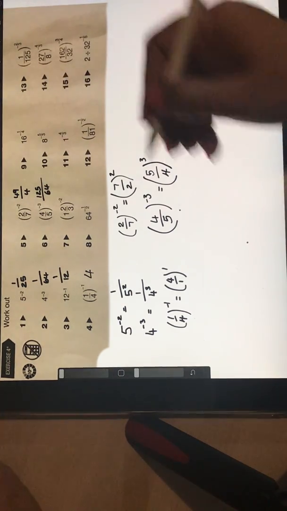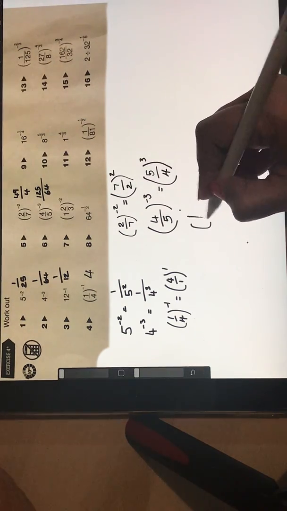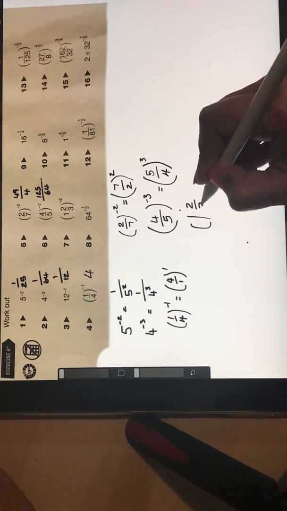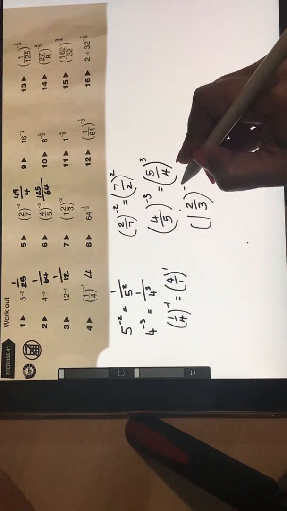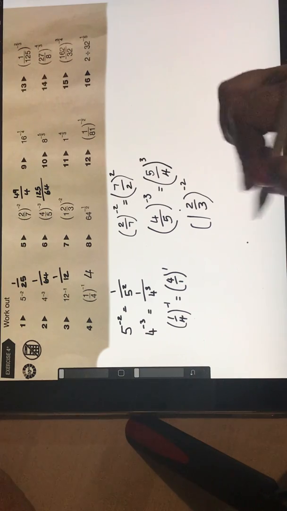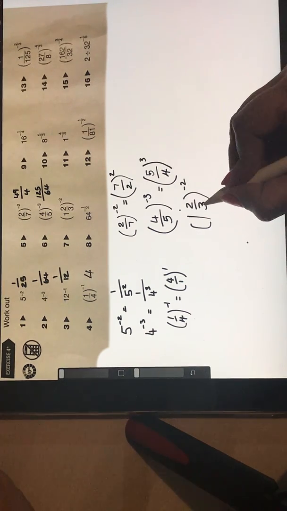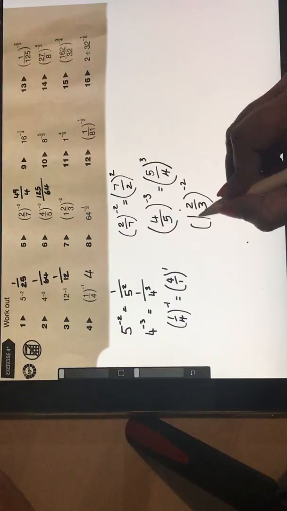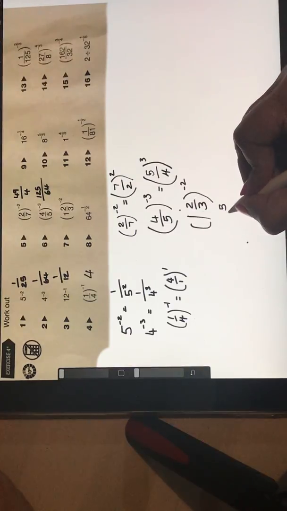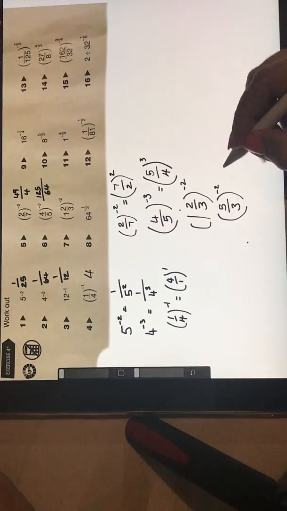Right, for number 7, we've got a mixed number. We've got 1 and 2/3 raised to the power of negative 2. Now first sort out whatever is inside the bracket first. Change this mixed number into an improper fraction. We do this by saying 3 times 1 is 3, plus 2 is 5 over 3, raised to the power of negative 2.